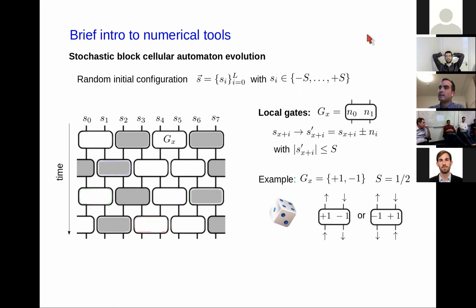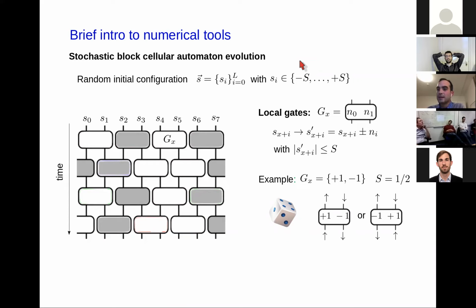Then if we try to raise the spin up by yet another unit, we will leave this subspace of spin 1/2, so what we do instead is leave the state invariant. If on the other hand, we got a 4, a 5, or a 6, we will apply the reverse gate, -1 +1, and this will lead to just a swap operation between the two spins.